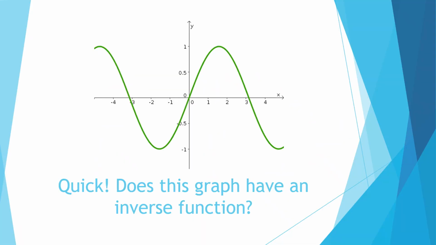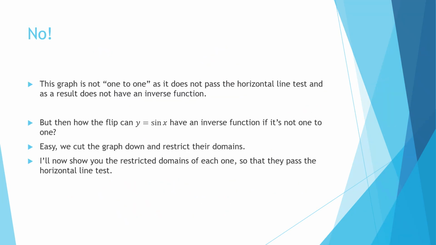All right, so quick, is this graph invertible? Does this graph have an inverse function? Is it 1-to-1? And the answer here is no. No, it does not, right? That graph, which if you looked closely, was actually the graph of sine of x. Sine of x is not invertible, right?